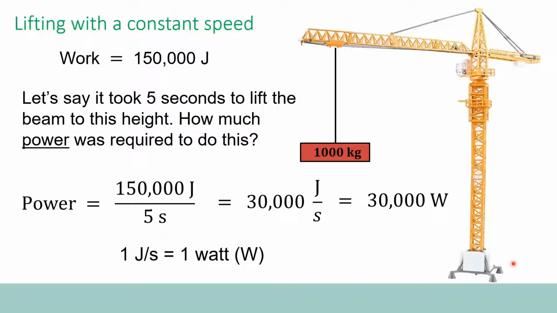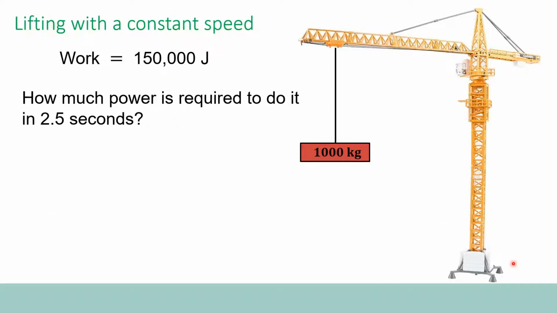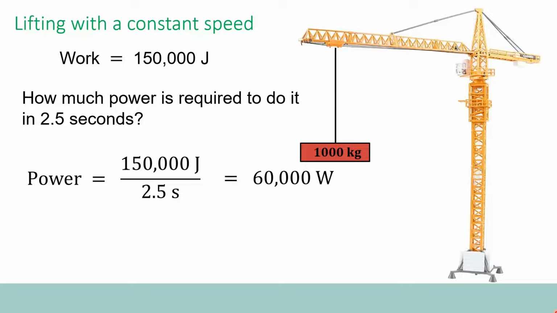Well, what if we're in a hurry and 5 seconds is just too slow? So we cut the time in half and we lift it in 2.5 seconds, the same height. How would that affect the power? Well, let's just plug the numbers into our definition of power. That results in 60,000 watts, which is exactly twice what we had before.